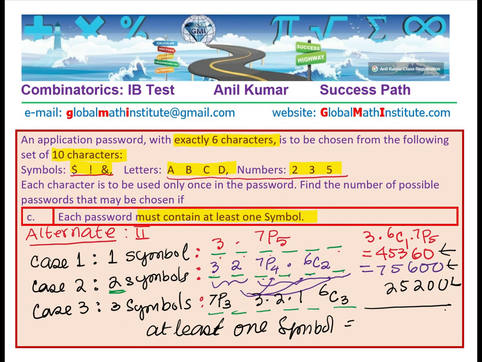So 146,160 is the total number of ways when you can make this password with at least one symbol. Perfect. So that is how we are going to answer this particular question. I hope it makes sense, right?